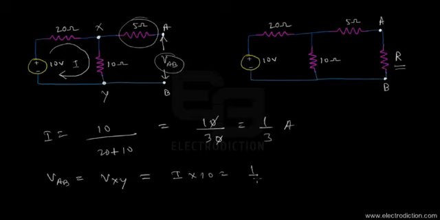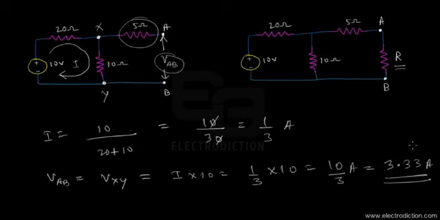So current I is 1/3 of an amp, multiplied with 10. So we get 10 by 3 amps, about 3.33 amps. Sorry, extremely sorry over there, it won't be amps, it'll be volts. So that's 3.33 volts.